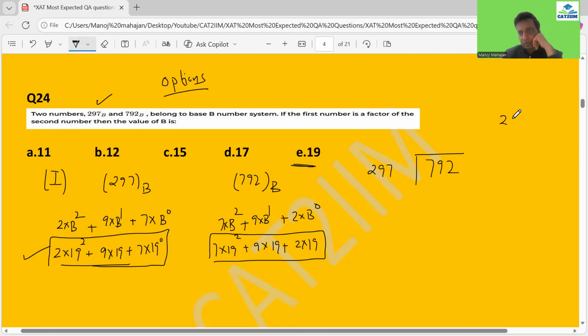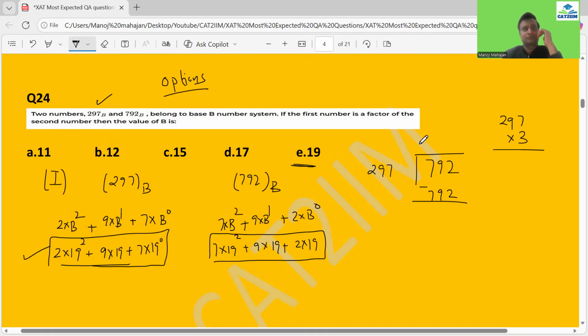If I try to do it, 297 into 3, right? So what do we have over here? The first step, 3 into 7, 21. Okay. So we are looking at that finally this should give us 792 when we divide, so that ultimately 297 is the factor of it, right?